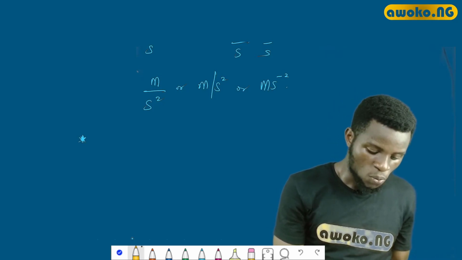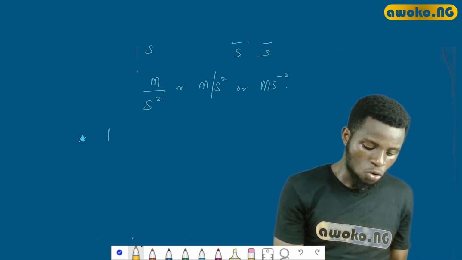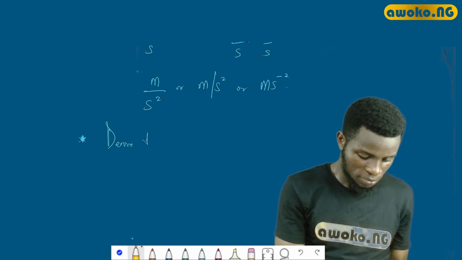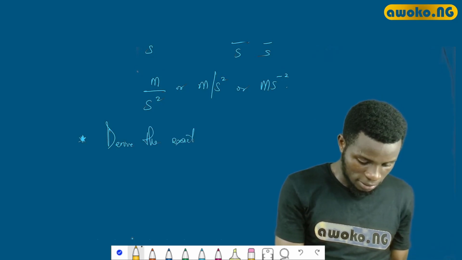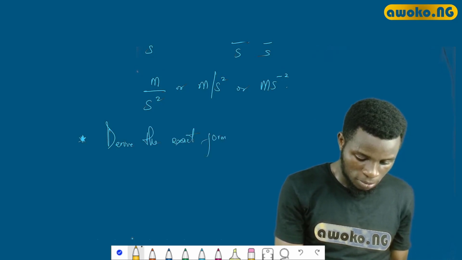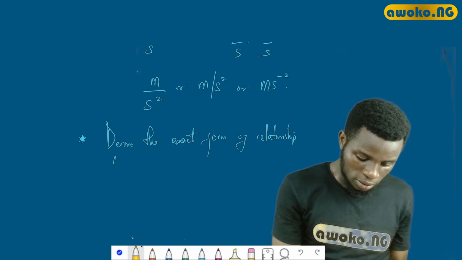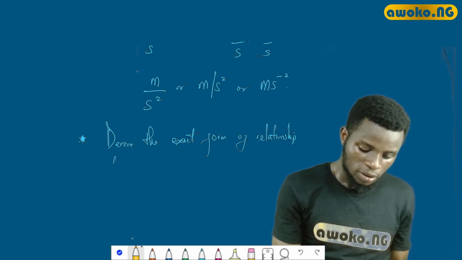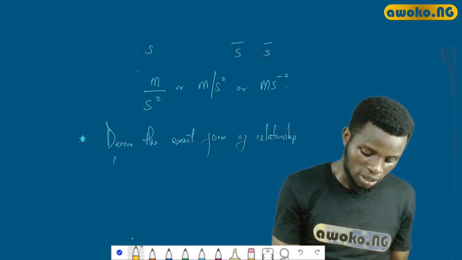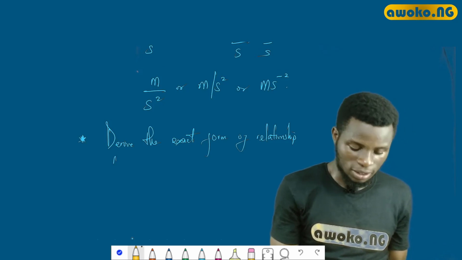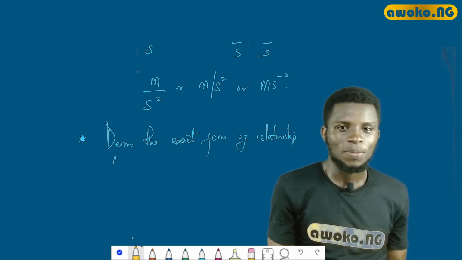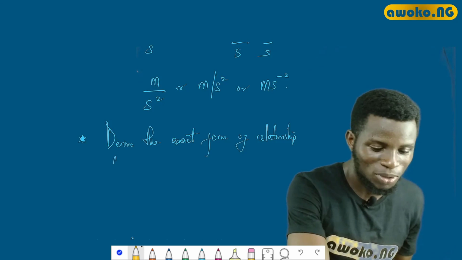We use dimensional analysis to derive the exact form of relationship between physical quantities.